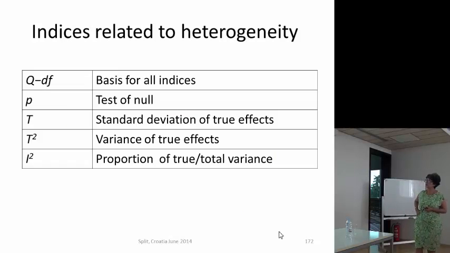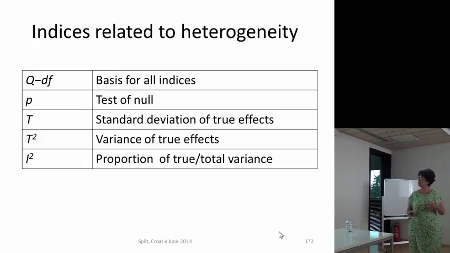There are essentially 5 different indices of heterogeneity that would be useful for you to know about. The Q minus DF is essentially just the basis for everything. The p-value is going to test the statistical significance of the variation across studies. Tau, or T, is the standard deviation of true effects, and it's directly analogous to standard deviation in a primary study.